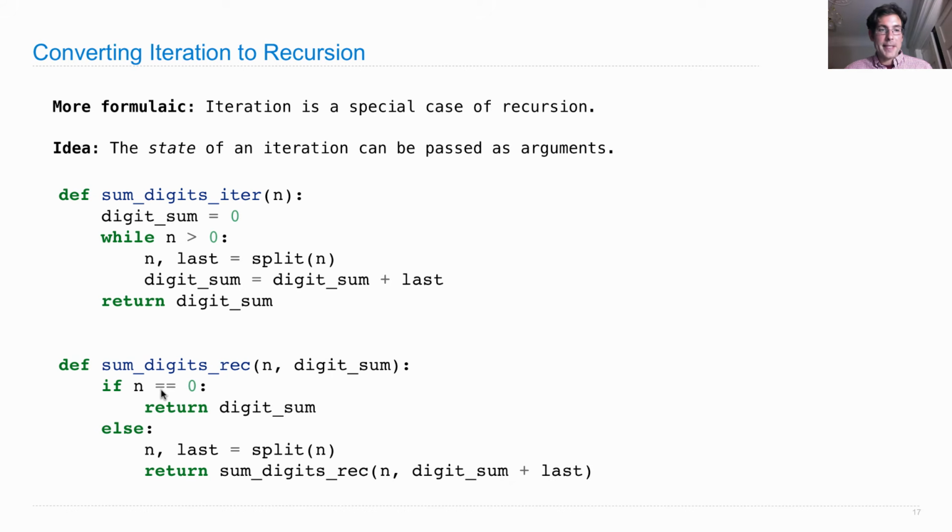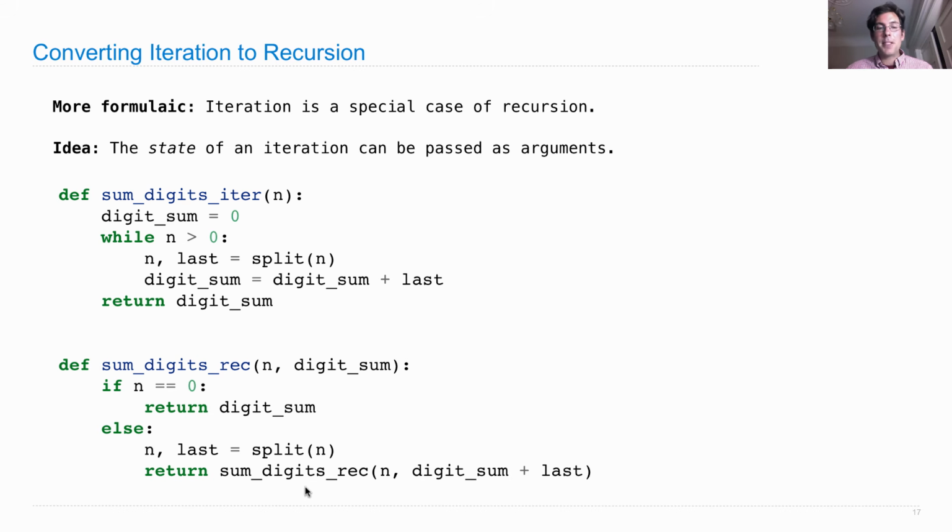Instead of a while statement that says while n is greater than 0, we now have a base case that is exactly the opposite. When n equals 0, then we just return the digit_sum. Otherwise, we execute the same thing as the suite of the while statement, except that we pass in the new values of n and the updated digit_sum as arguments through a recursive call.